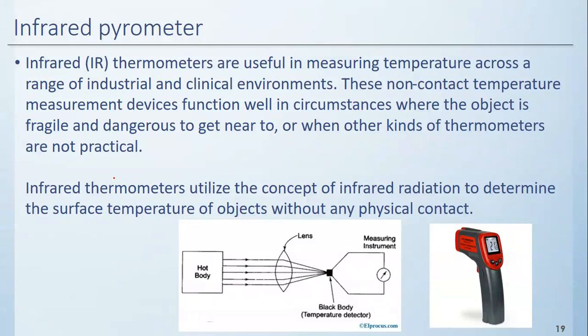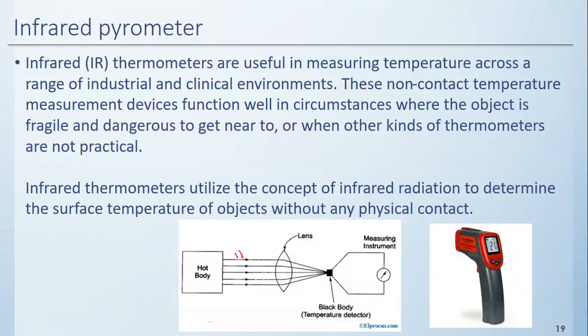Now, when these atoms are moving, they will be emitting infrared waves. Okay. So, like the case in our visible spectrum, we can also detect and measure infrared waves. We have facilities for that. Now, here in our infrared pyrometer, we use a lens for collecting the IR rays.